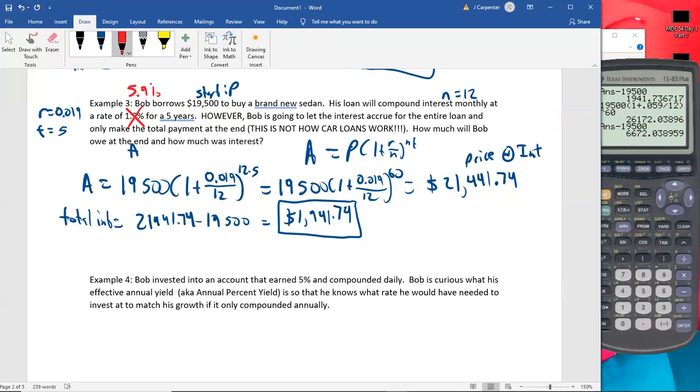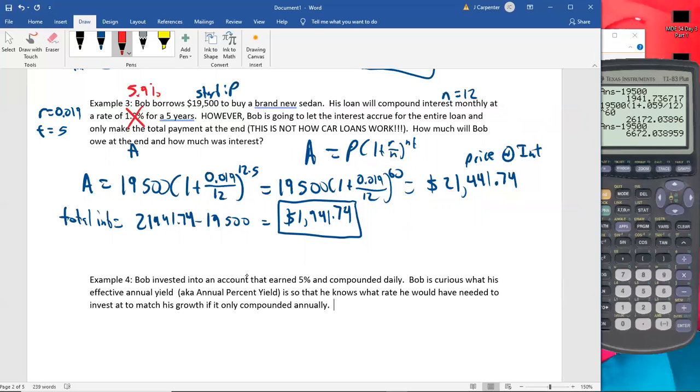Again, I'm being very literal with the phrasing of this stuff. I could have told you that Bob invested $50,000. It would have been completely unnecessary. I could have told you that Bob invested $50,000 for 40 years. Both of those numbers would have been completely unnecessary because I didn't ask for his ending value. I didn't ask for an interest.